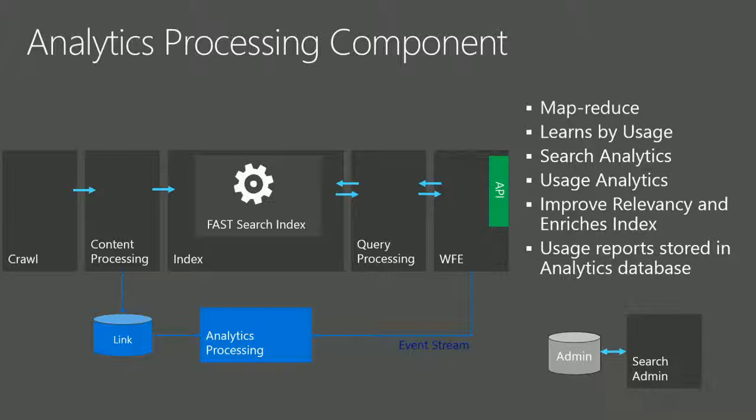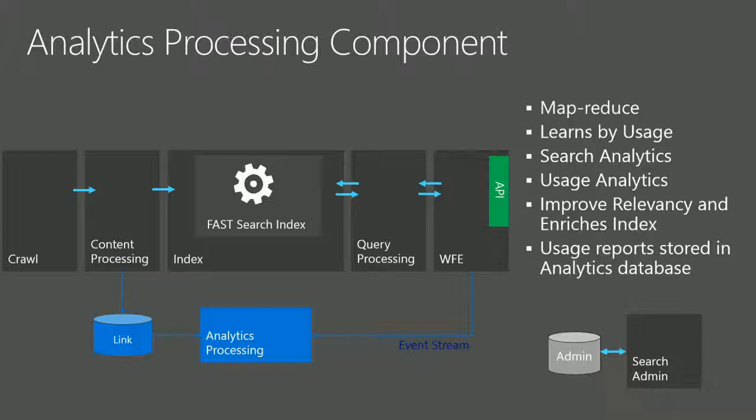As events come in, it's constantly working to update the index and enrich it, improve the relevancy, etc. So the search analytics part, we're talking about anchor text processing, search clicks, social tags, social distance. It's also responsible for the search reports and determining what the most important pages are, so deep links. Usage analytics, we're talking about counts, so usage counts, recommendations, and activity ranking.